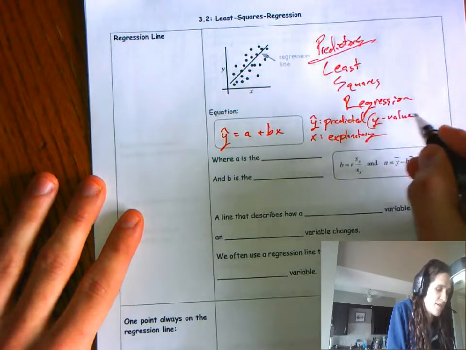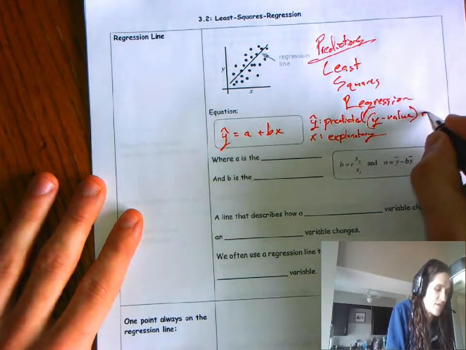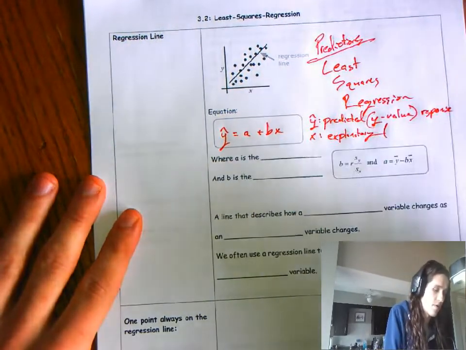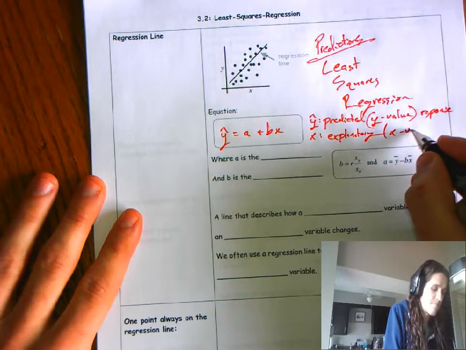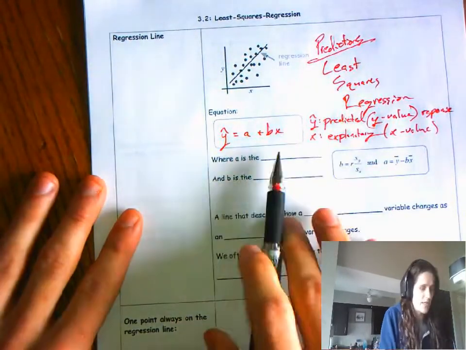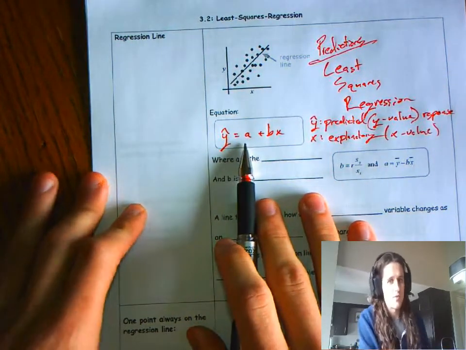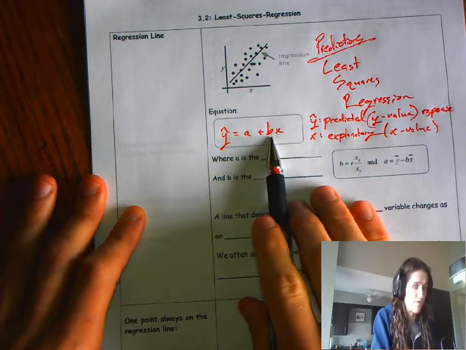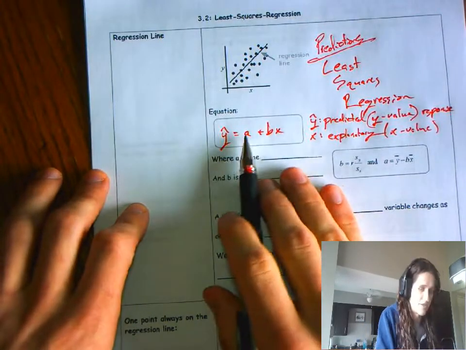Instead of y value, we should say response up here. That's the x value. Where a is the what? Well, what is a? A is a constant. What's the constant part of the line, as opposed to a coefficient on a variable? The constant part's the intercept.